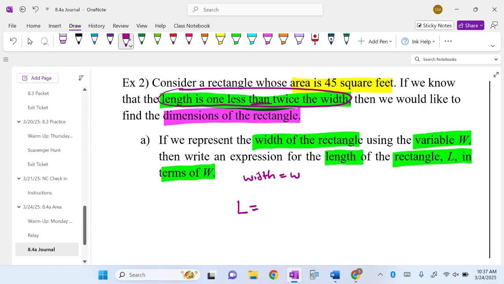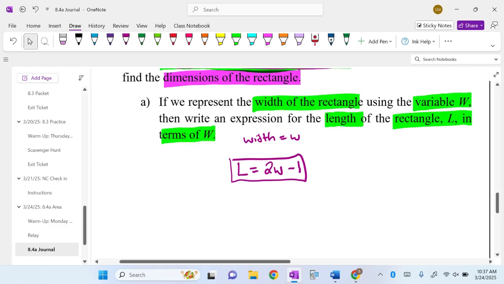How do I write that as an expression? So if width is W and I'm multiplying by 2, what do I write? No, that's squaring it. We're just multiplying by 2. 2W. So the first part of this is 2W. The second part is 1 less. What does 1 less mean? Minus 1. So 2W minus 1. That's our expression for the length.